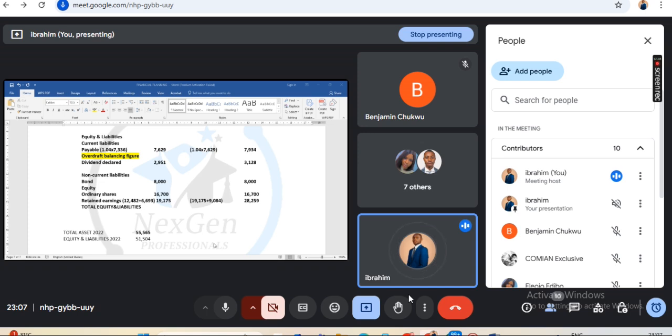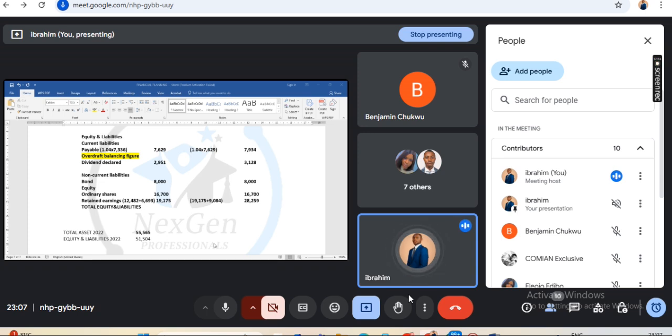It will decrease. You can see they have their assets. What they have is higher than their equity and liability. Class, the total assets that they have is higher than their equity and what? And liability.